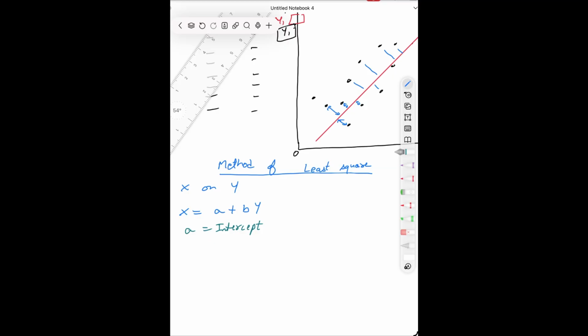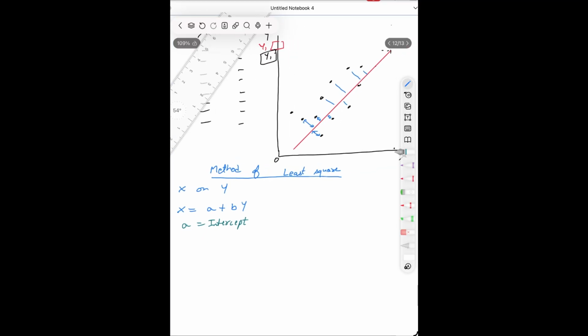So in the previous diagram, the regression equation, which is denoted by the red line, would be touching the x-axis at this stage. So this will be termed as point A. It shows that if the value of y is 0, how much will be the value of x?